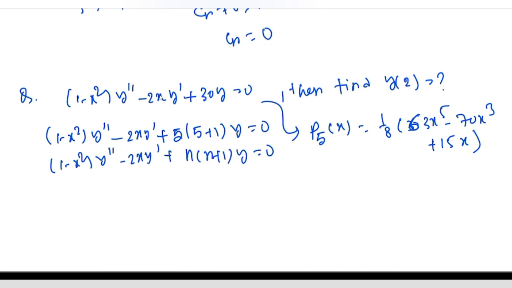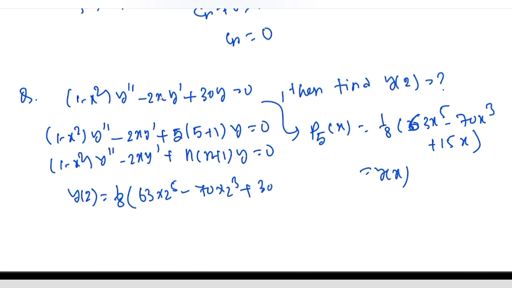Okay, this can also be written as y of x, because y of x is the solution of the differential equation. Now y of 2 equal to 1 by 8 into 63 into 2 to the power 5 minus 70 into 2 cubed plus 30.